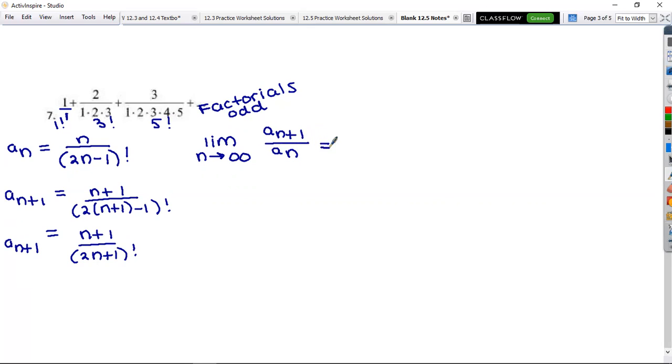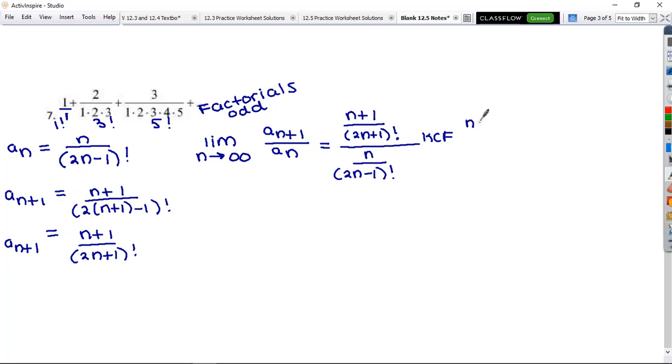This is equal to n plus 1 over 2n plus 1 factorial, and then I'm going to divide by n over 2n minus 1 factorial. And then you're going to do keep, change, flip again. So keep, change, flip.